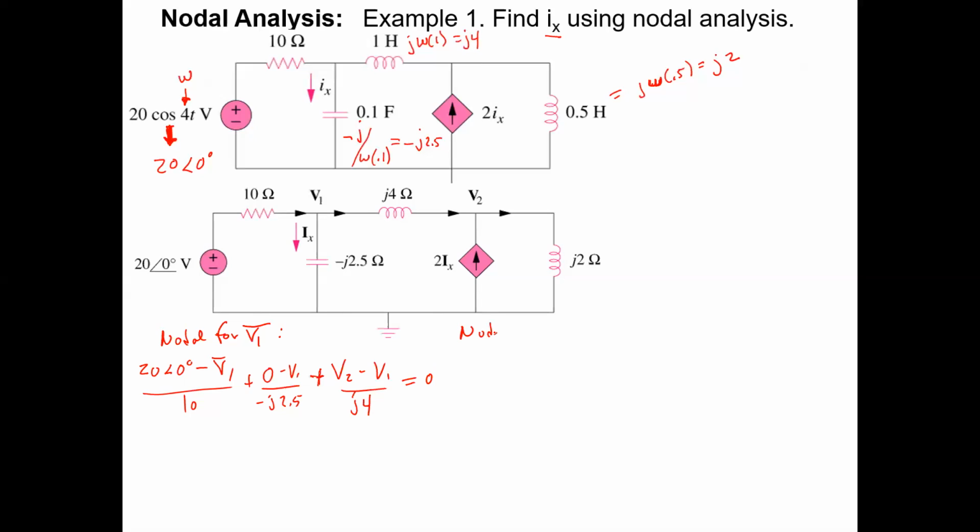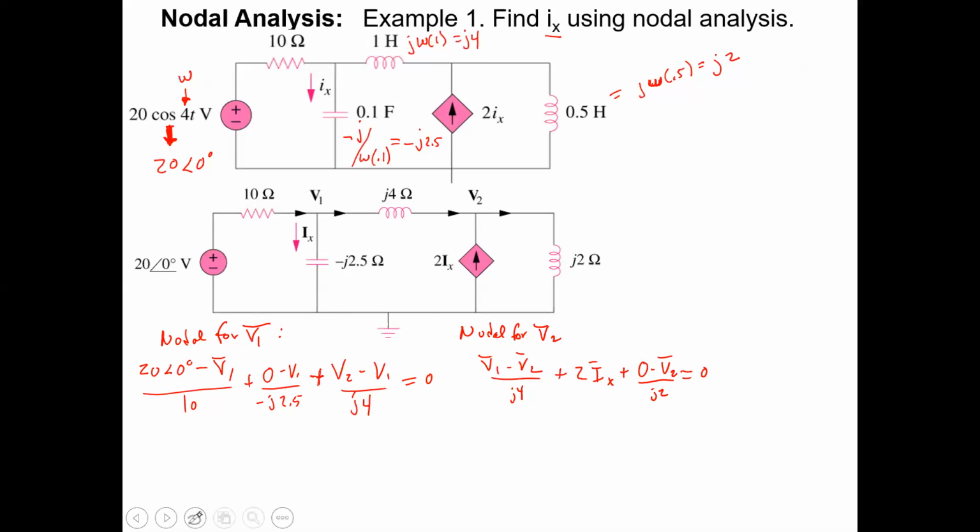Nodal for V2 is V1 minus V2 over j4 plus 2Ix as a phasor plus 0 minus V2 over j2 equals 0.